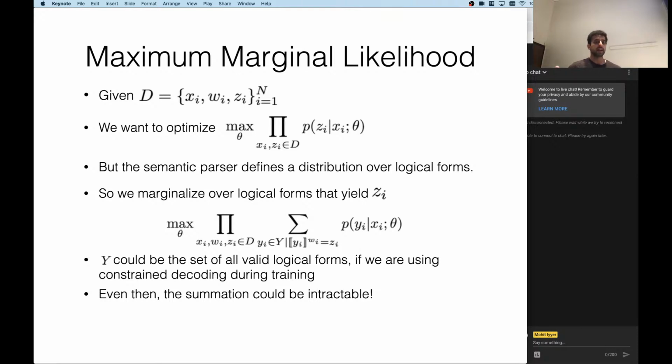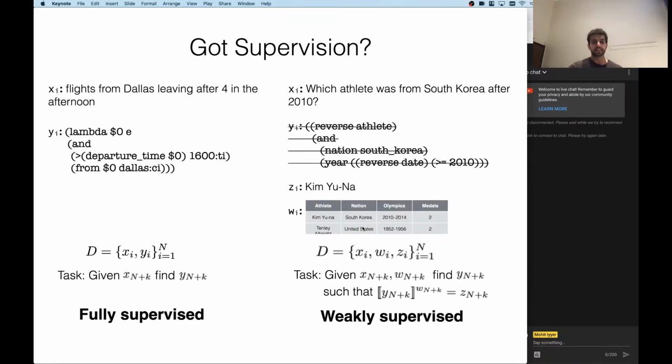But of course, that's not true, right? Like if you look at this, the answer is Kim Yuna, but I could have also asked which athlete won 2 medals and was from South Korea, and I would have gotten the same exact cell back, but that isn't the meaning of this question, right? It just happens to execute to the same answer.